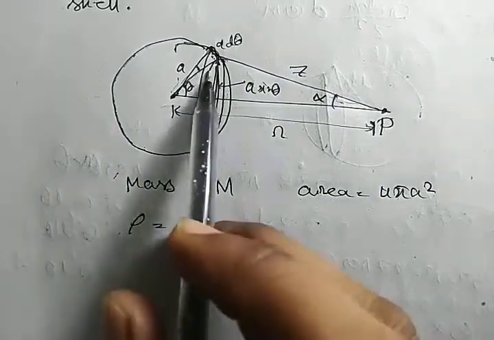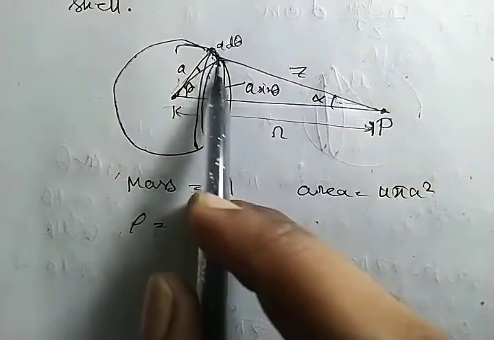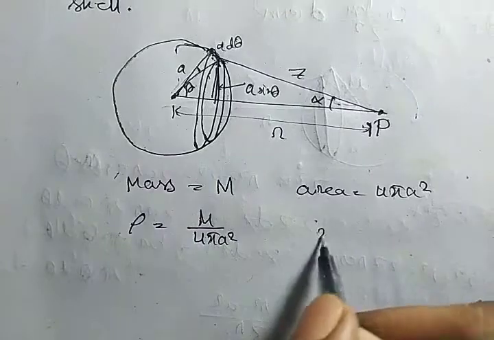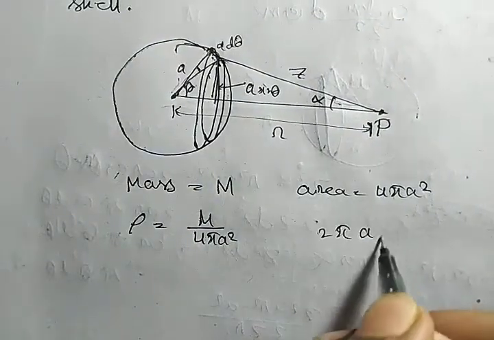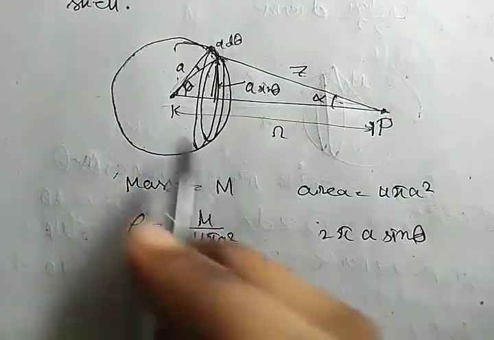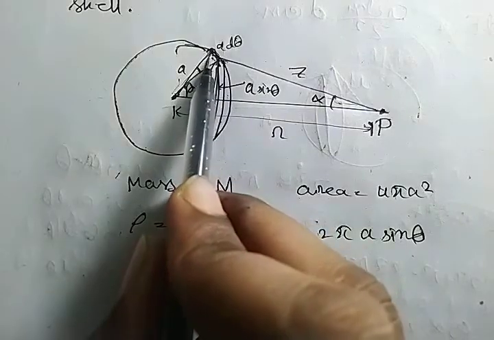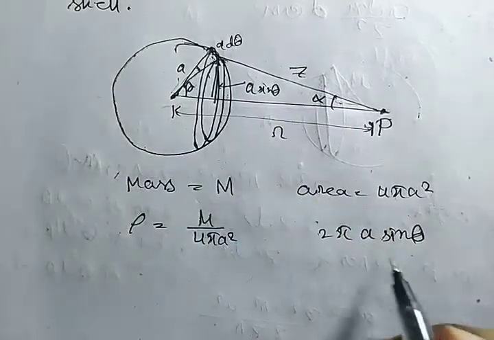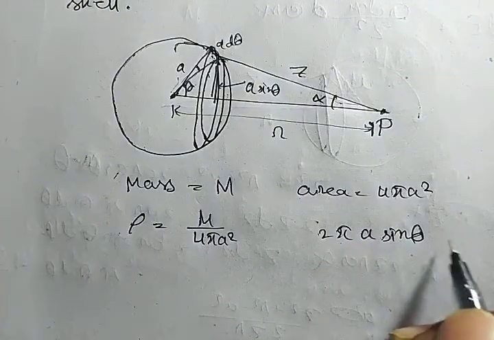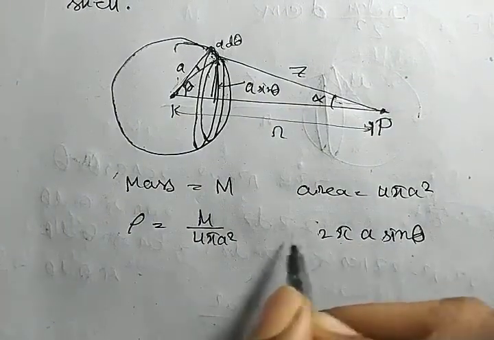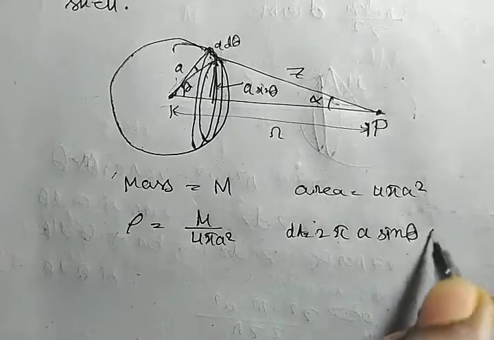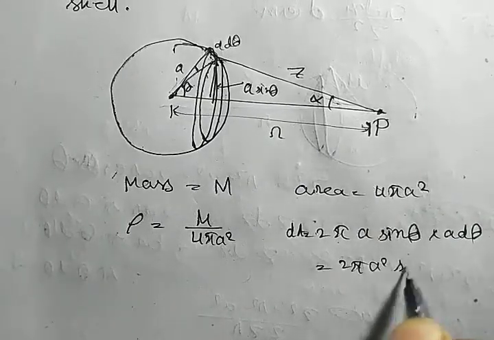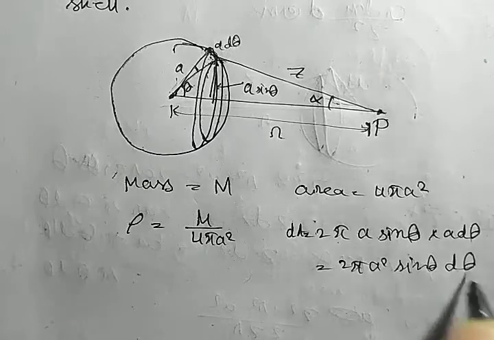and we see that the circumference of this circle will be, and this slight width is a d theta. So if we multiply this by a d theta, we will get the area element. That becomes 2 pi a square sine theta d theta.